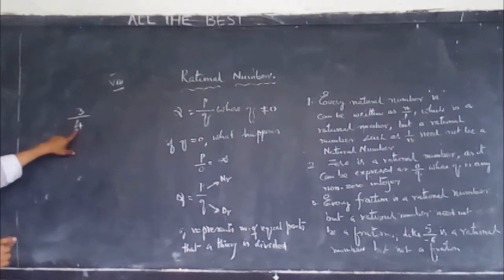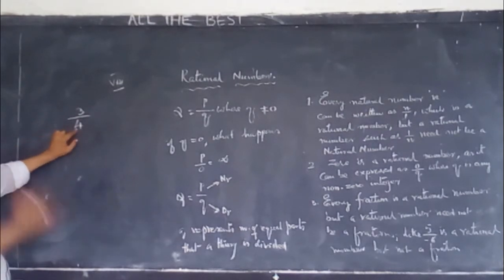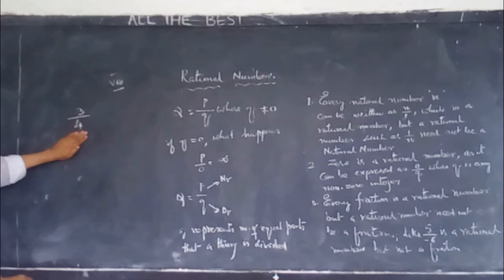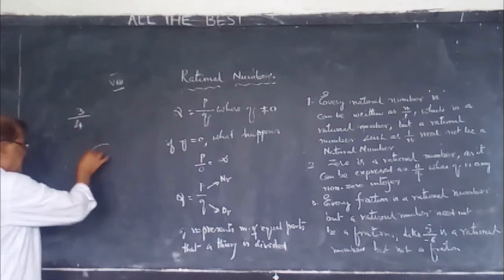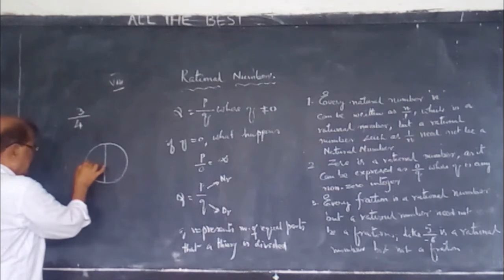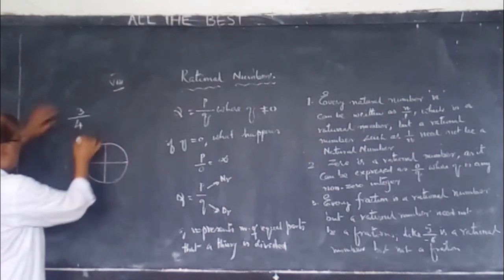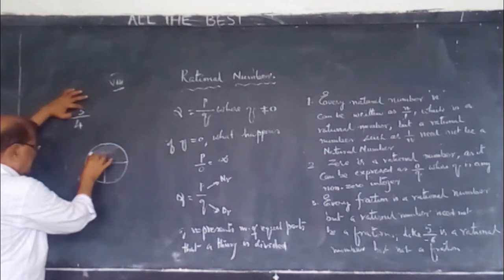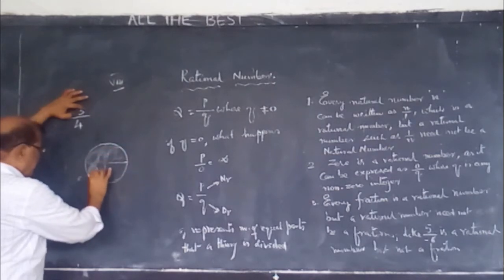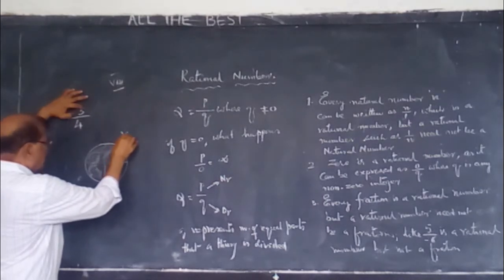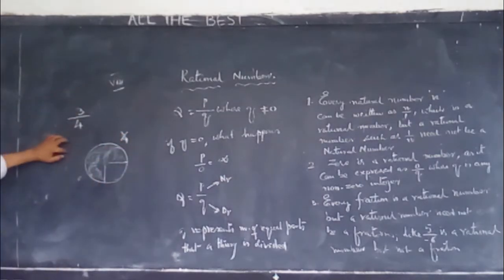That means anything, any article, is made into 4 equal parts. For example, take this. It is divided into 4 equal parts, and you have taken 3. 1, 2, 3. So this shaded portion represents 3 by 4.